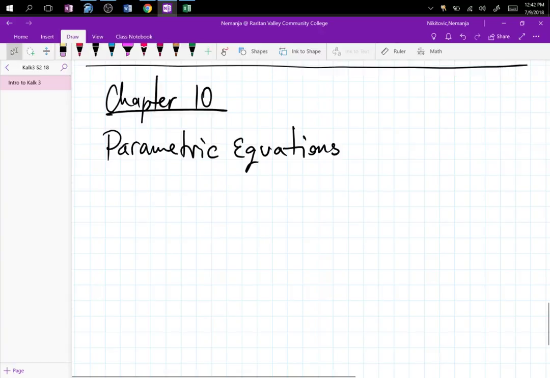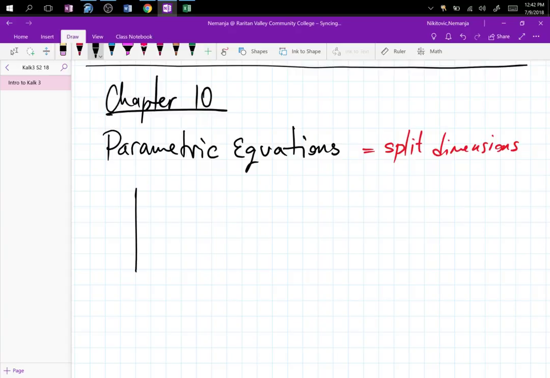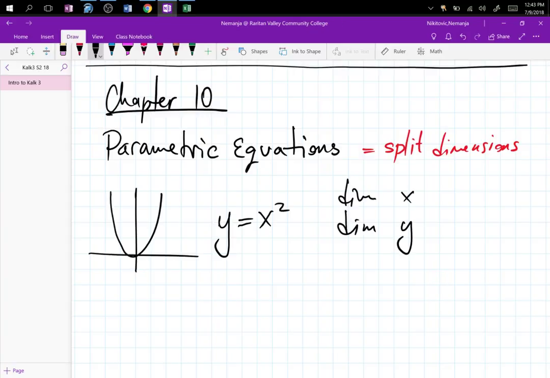So what parametric equations do is they split dimensions. Now, what does that mean? Well, think about it. If you have a function, let's say y equals x squared, you have a dimension x and you have dimension y. So what I'm going to do is take this function and express these dimensions in terms of a common parameter.